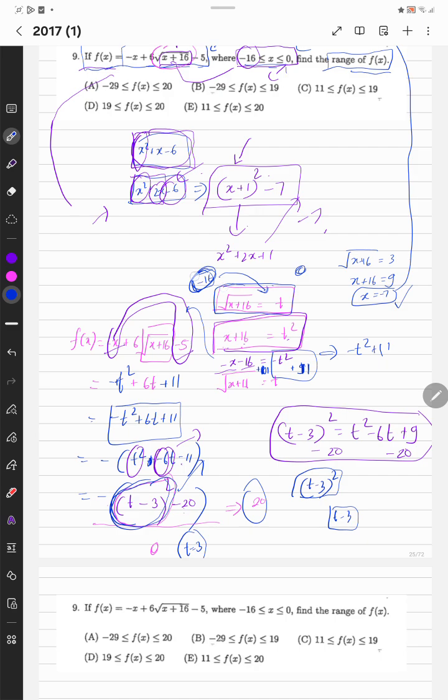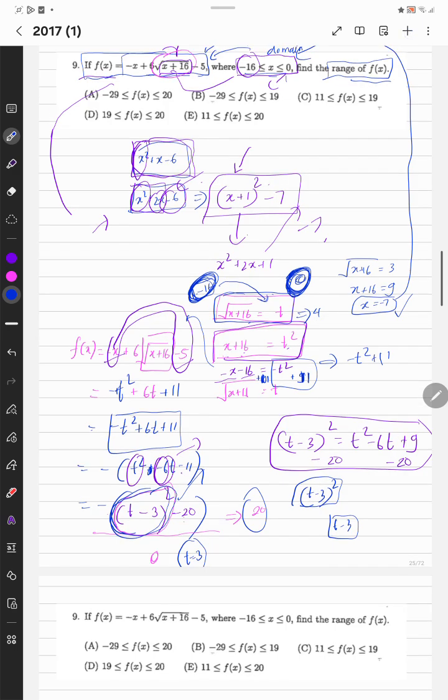So x could be negative 16 or x could be 0. It could be anywhere in between. So we can put x to be 0. If x is 0, t is equal to 4.